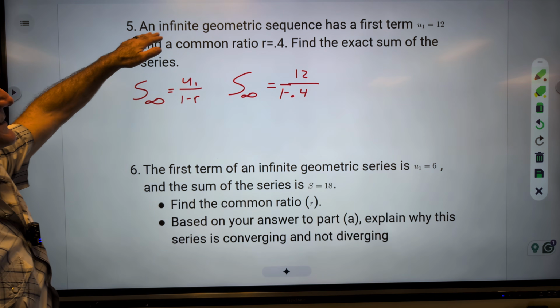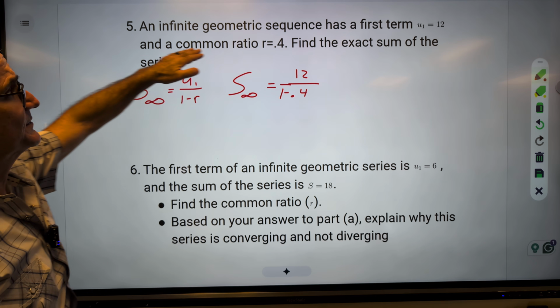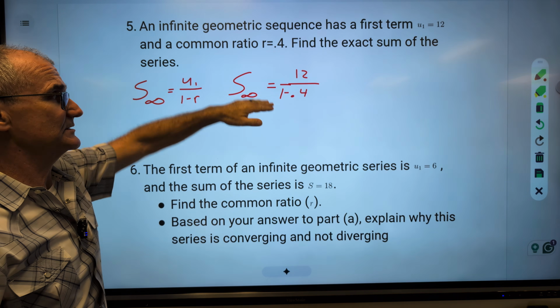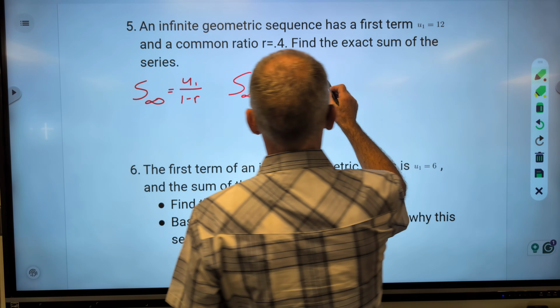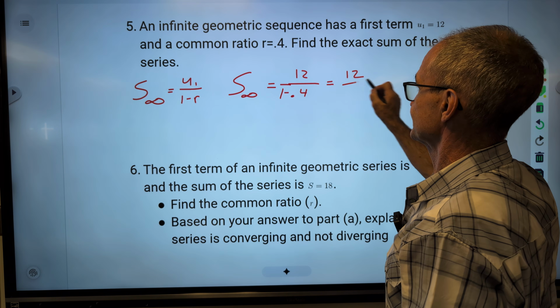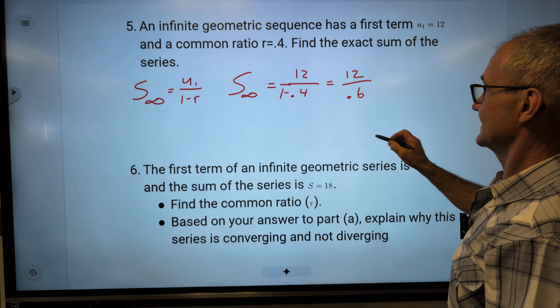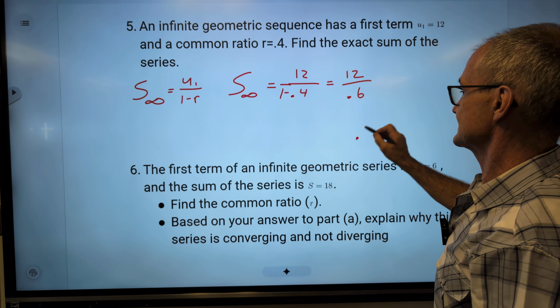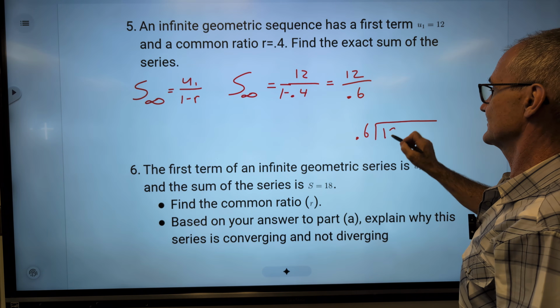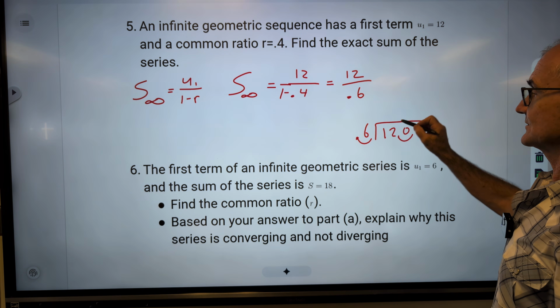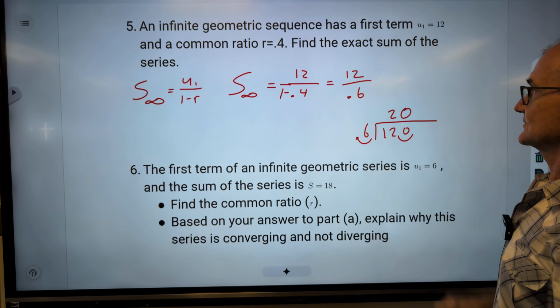It tells me it's an infinite geometric sequence, and it tells me the common ratio is 0.4, less than 1, so I know it's converging. So my sum is going to be 12 divided by 0.6, and that's it. 0.6 goes into 12, move my decimal over 1, move it over here 1, it goes into 12 twice, 20.